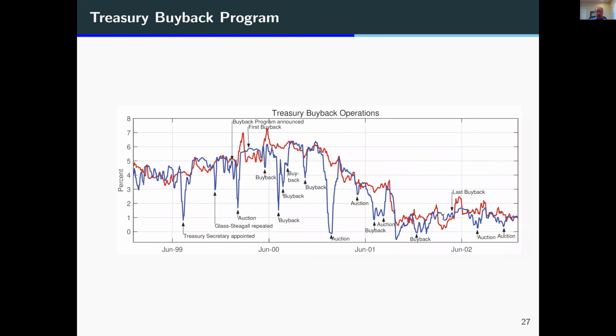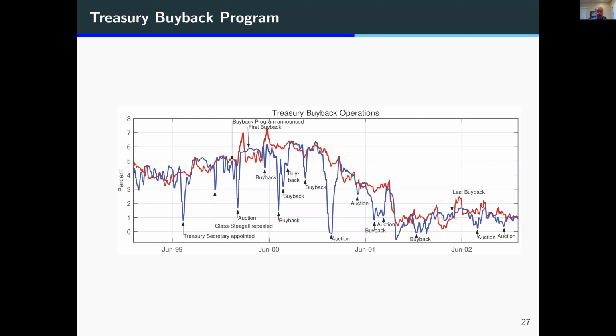And finally, the Treasury buyback program, starting back in '99 and going to 2002. We had lots of situations. Believe it or not, we thought we were going to pay off the Treasury debt back in the Clinton administration, and we weren't going to have any Treasury bonds to look at.